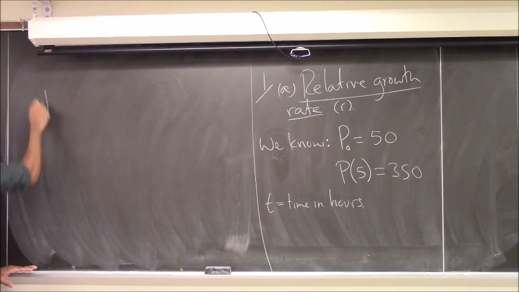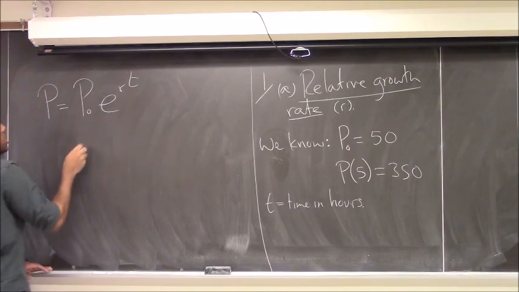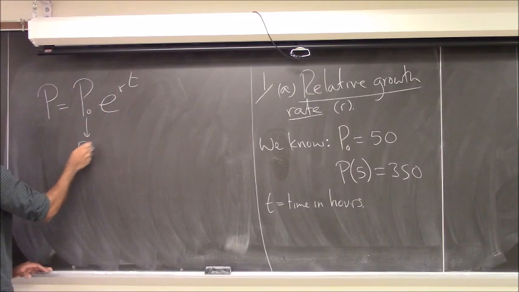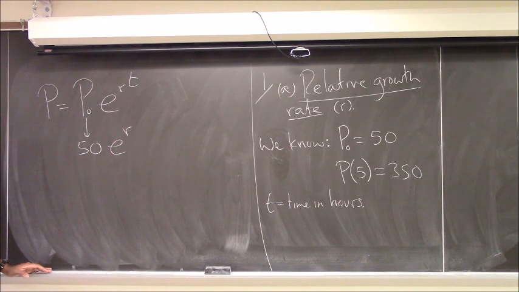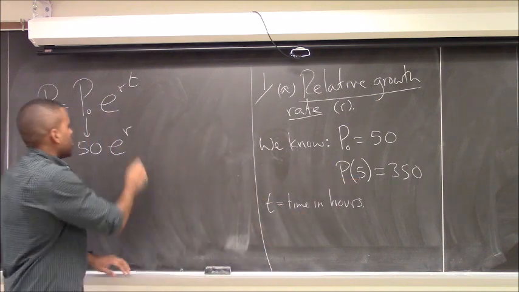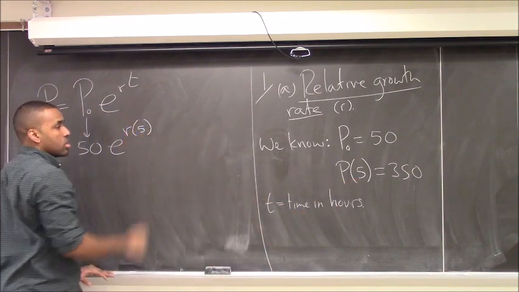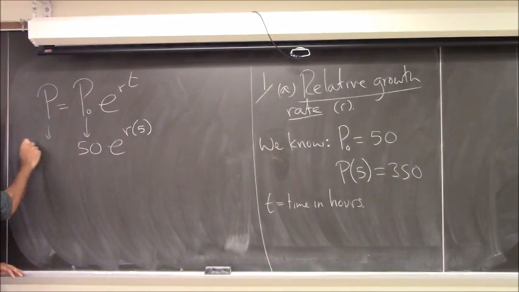So we also know that P is equal to P naught e to the rt. P naught we know, that's 50. e to the r we don't know, that's what we want to find. But I do know at a certain time, my t is 5, so I'll plug in 5 here. My current amount is 350, so 350 goes here.